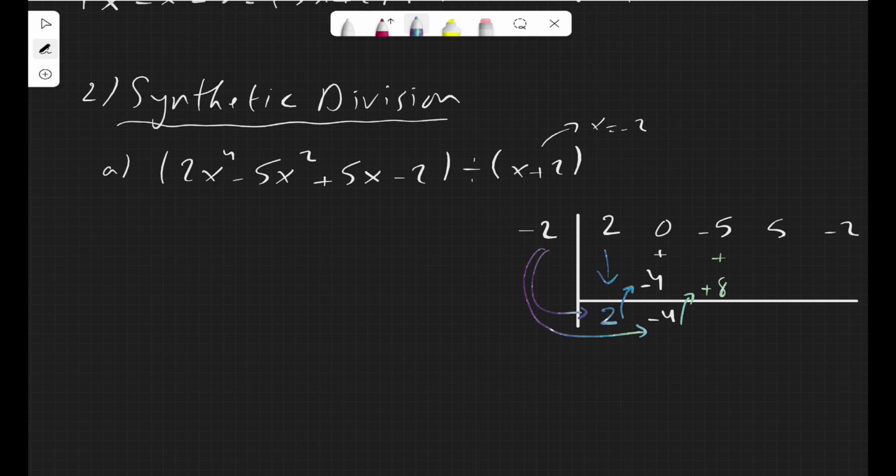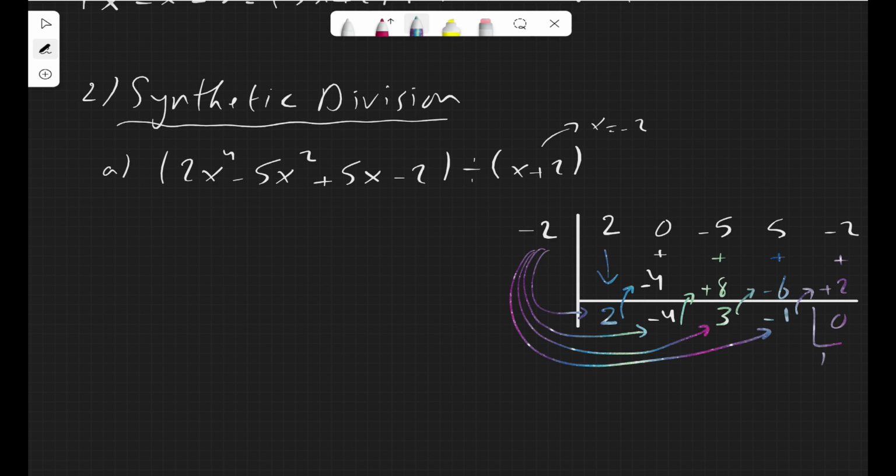Add them, negative 5 and 8 is positive 3. Multiply again, negative 2 by 3 is negative 6. Add them, 5 plus negative 6 is negative 1. Multiply again, negative 2 times negative 1, the answer is positive 2. When you add them, you get 0.